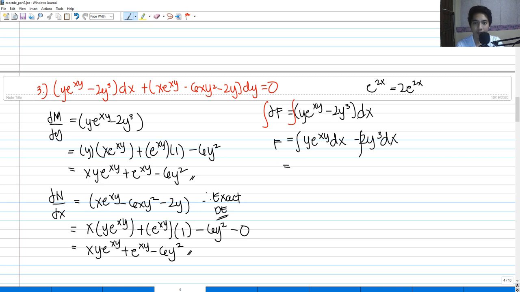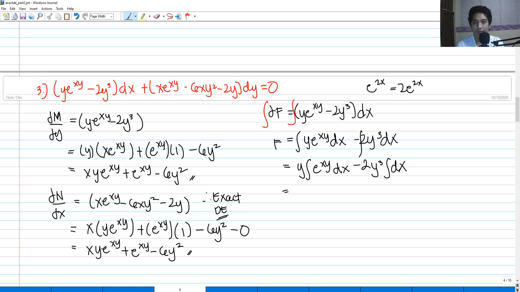So we are integrating with respect to x, so I can factor out y, e raised to xy dx. So we have minus 2y cubed integral of dx. Because we are integrating in terms of x, we can think of y here as our constant when we integrate e raised to xy.